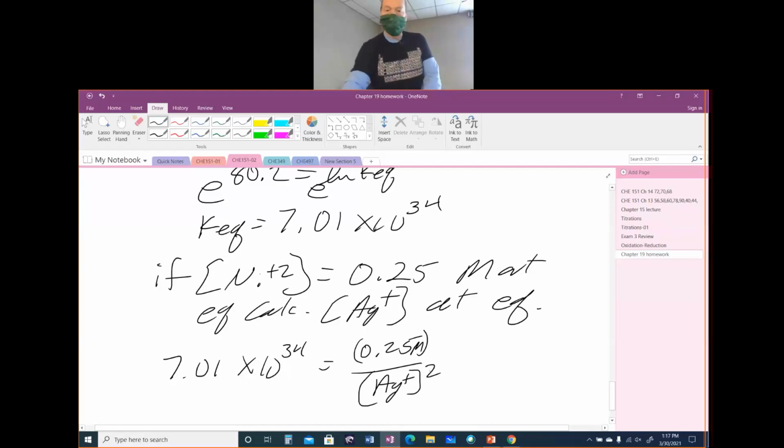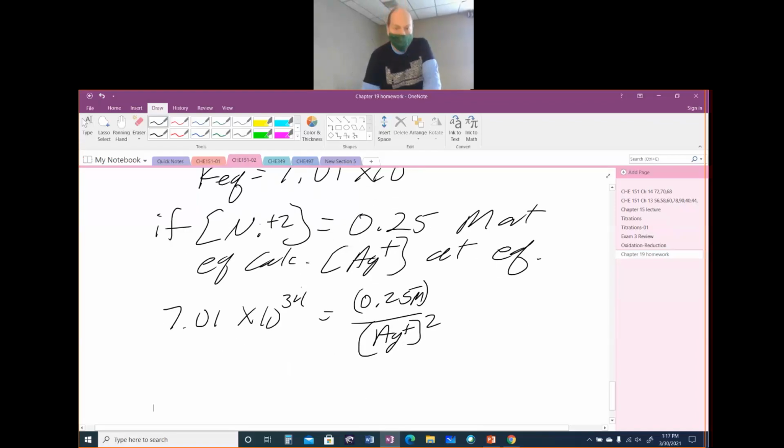All right, so now you got to multiply both sides by Ag plus squared. Then divide both sides by 7.01 times 10 to the 34.